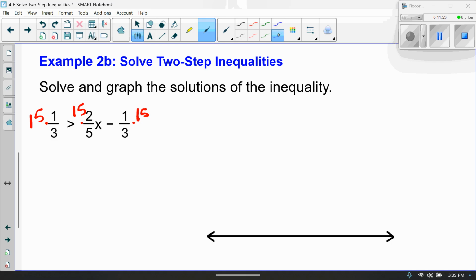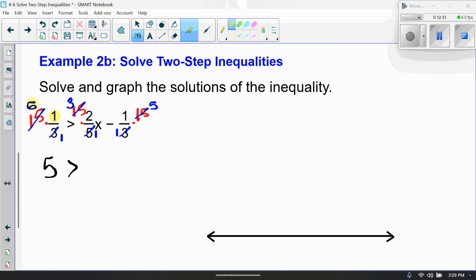So when we simplify, we've got 3 divided by 3, 1. 15 divided by 3, 5. 5 divided by 5, 1. 15 divided by 5, 3. And then 3 is 1, and 15 divided by 3 is 5 again. So let's rewrite. Now, I'm going to highlight so you can see what we're multiplying. So for the first term, we've got 5 times 1. 5 times 1, of course, is 5.